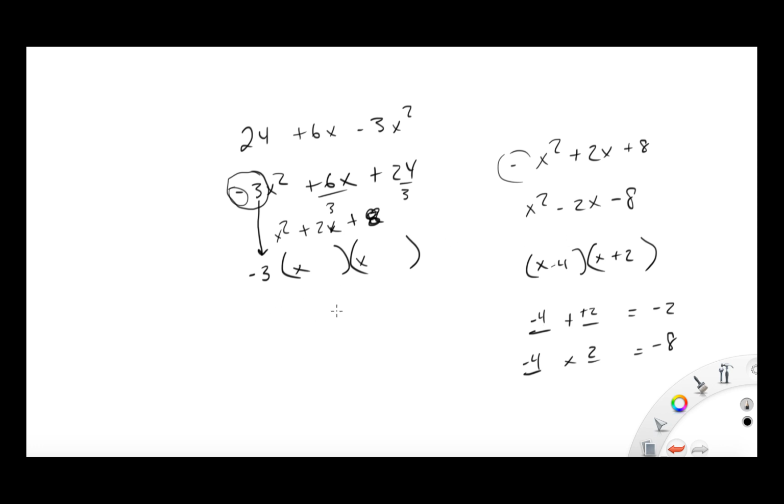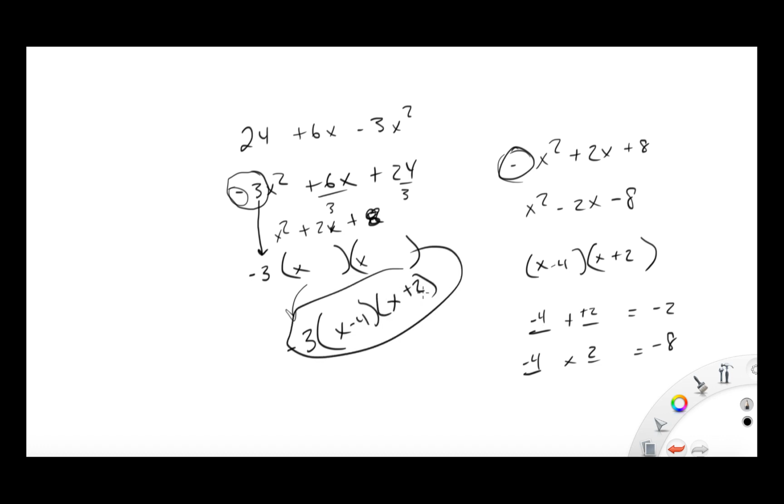Well, again, we bring this negative back into the actual final equation. So it's negative times x minus 4 times x plus 2. All right, I think you understand that.